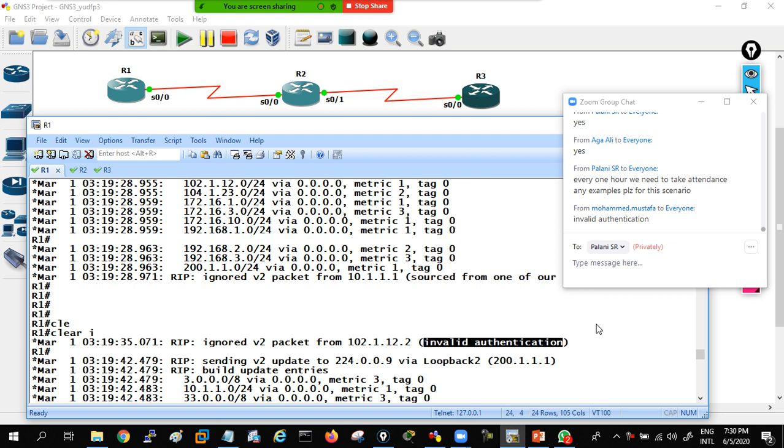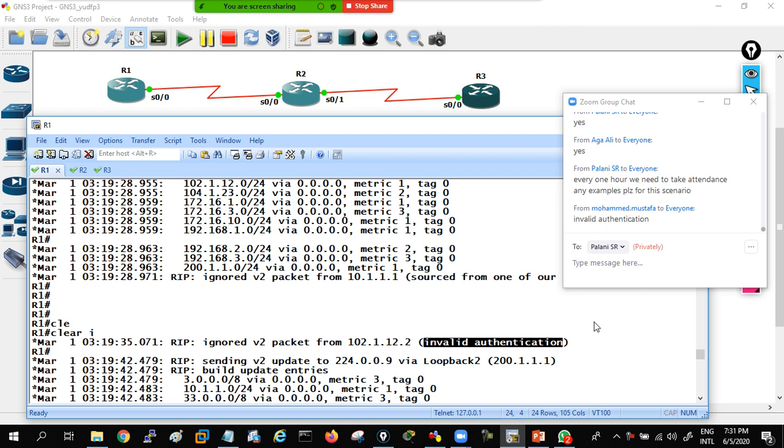Everybody, understand this step by step, guys. For example, router 1 and router 2 are sending their updates to each other, and they are able to receive them through the serial 0/0 interface. On serial 0/0 you enabled the authentication, which means on the router 2 side also you need to enable the authentication. If the authentication matches, then only they can talk to each other and share the updates.